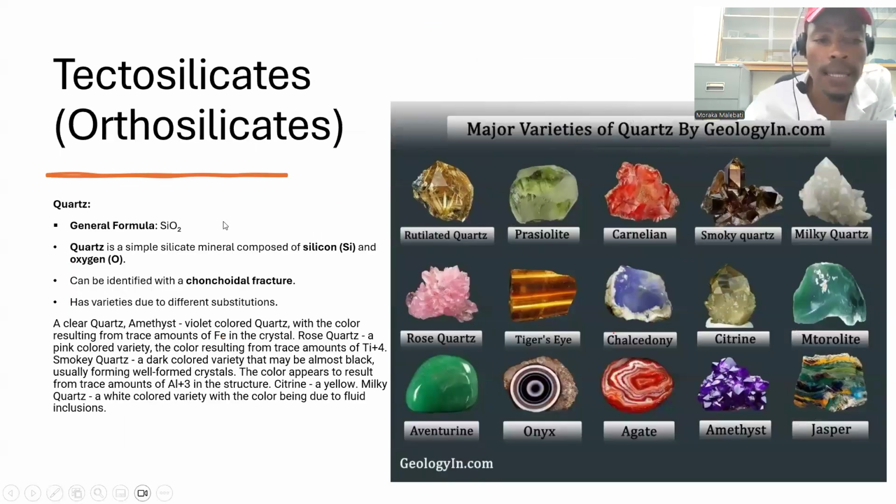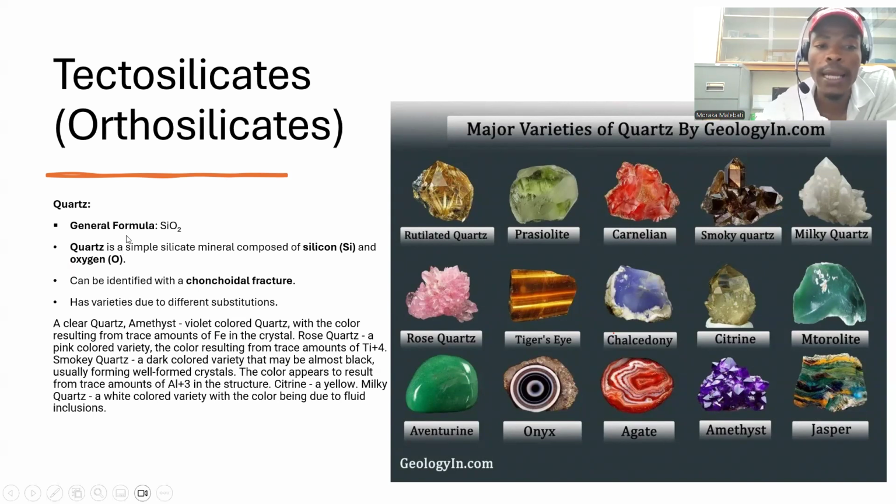And then tectosilicates have a three-dimensional network. Like I said, imagine this as a web or a net, which has these pyramids arranged in a three-dimensional network, and then they become strong and very stable.